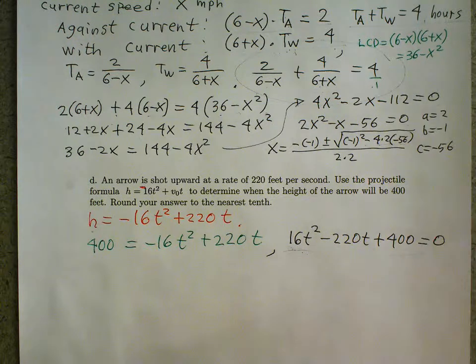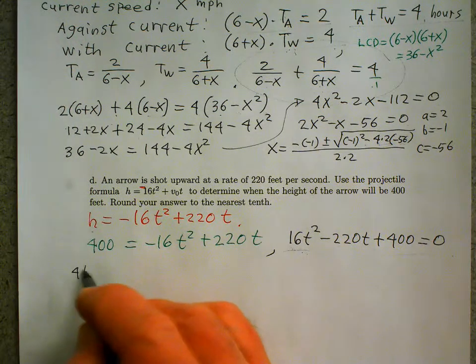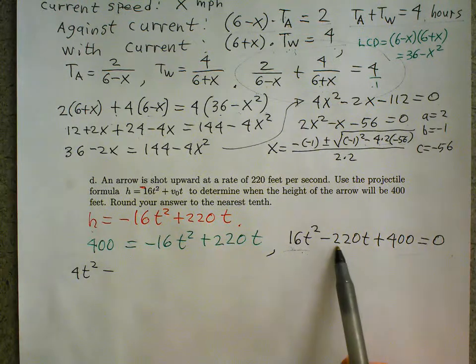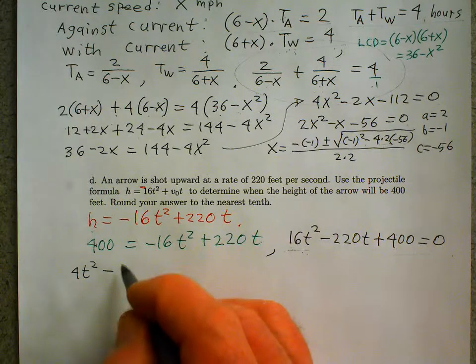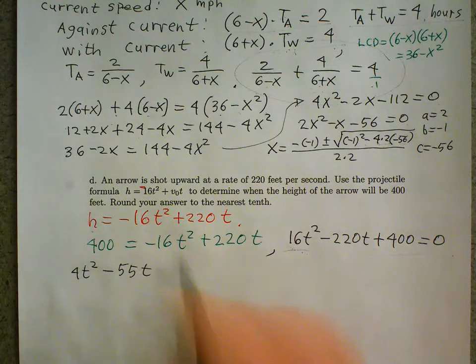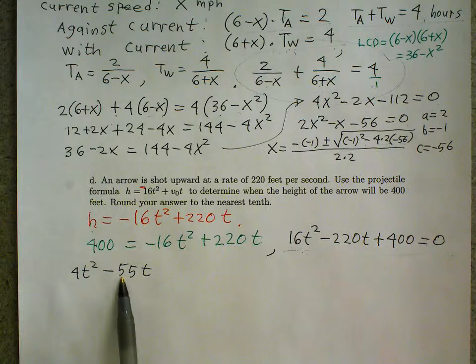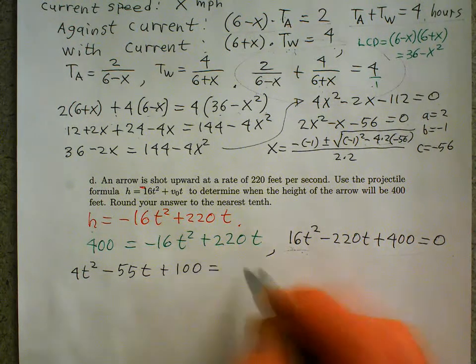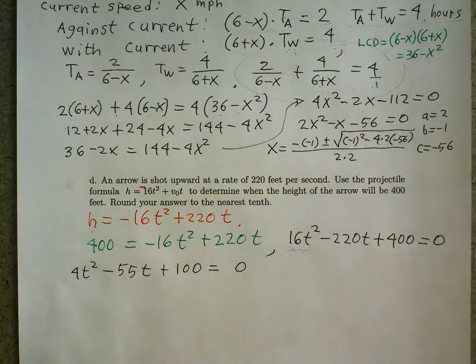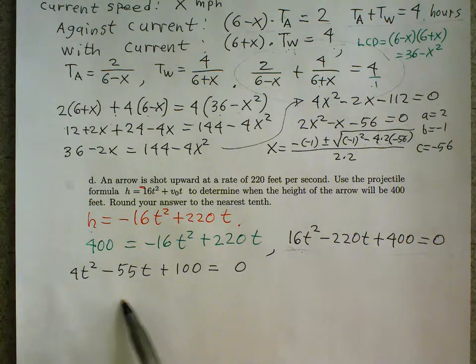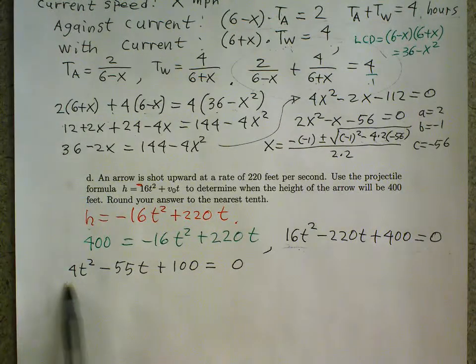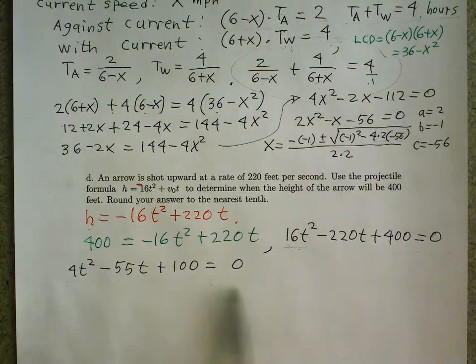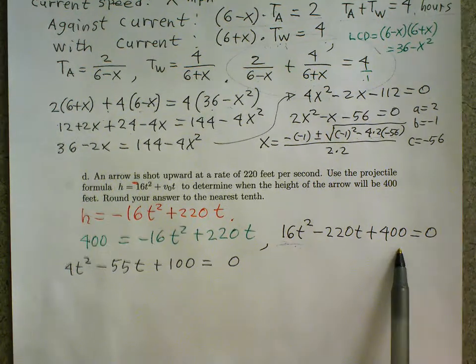Divide every term on both sides by 4, we get 4t squared minus 55t plus 100 equals 0. Okay, that's probably the best we can do as far as reducing the amount of clutter that's in the way.